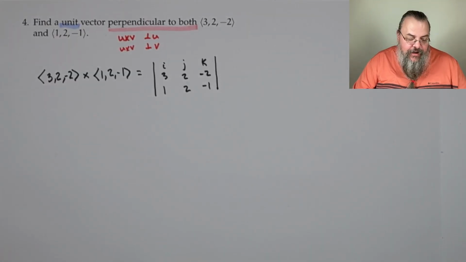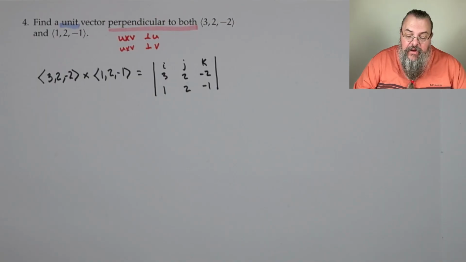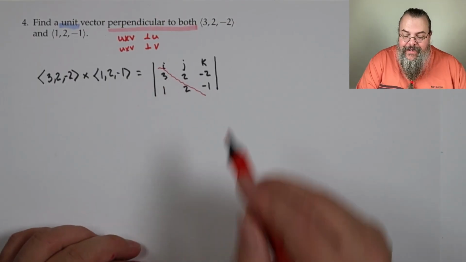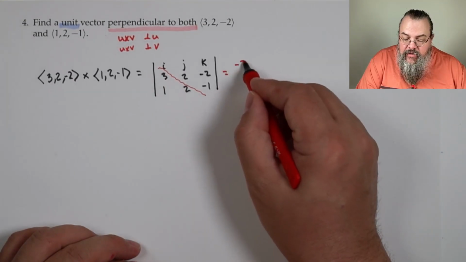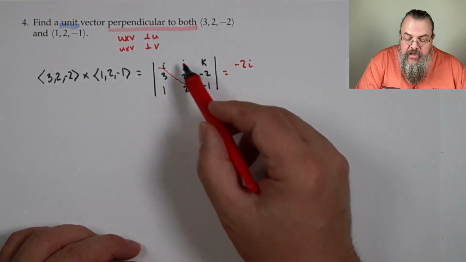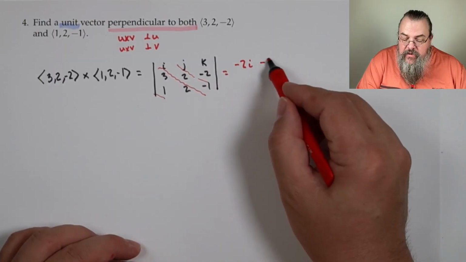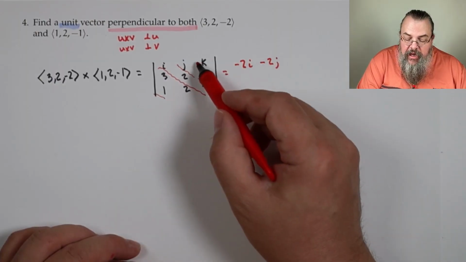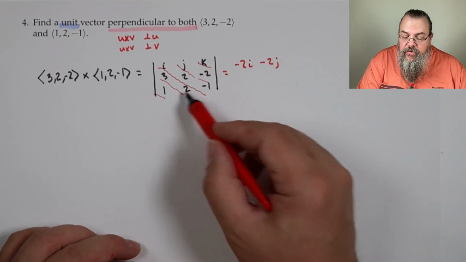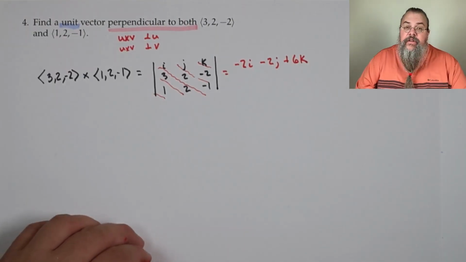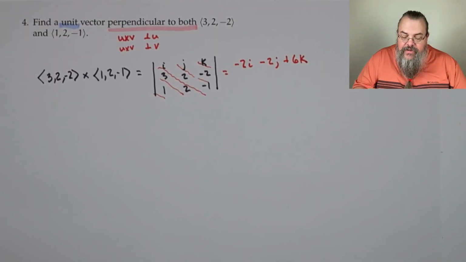So we have our down diagonals and our up diagonals. Okay, so we have I times 2 times negative 1, which is minus 2I. J times minus 2 times 1, minus 2J. K times 3 times 2. That's 6K. All right, those are our downs.